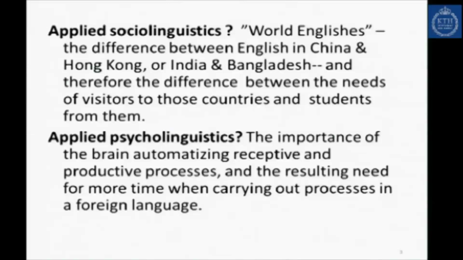Sociolinguistics one could apply in what is called World English studies, because it's very different. The use of English in China and Hong Kong, and the use of English in India and Bangladesh, are very different. If we know this, then we can better understand what's going on in our interaction with people from those areas and what our expectations will be.